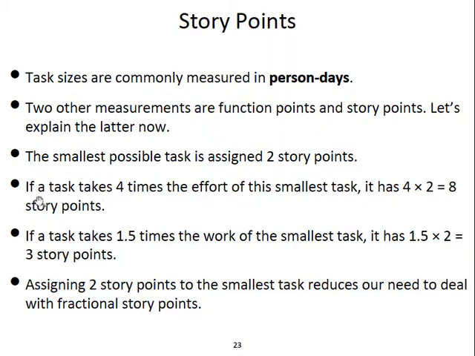It means if there's another task that requires 4 times the effort of this smallest reference task, then the effort of this other one is 4 times 2. And also consider another task. If it is just 1.5 times the smallest task, we can do the calculation 1.5 times 2. It becomes 3 story points.